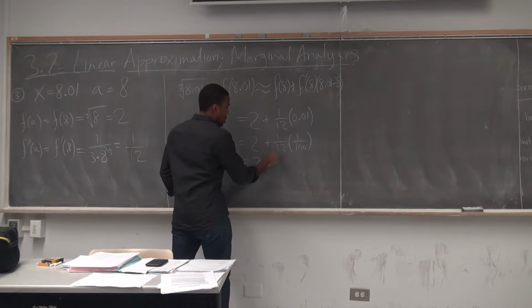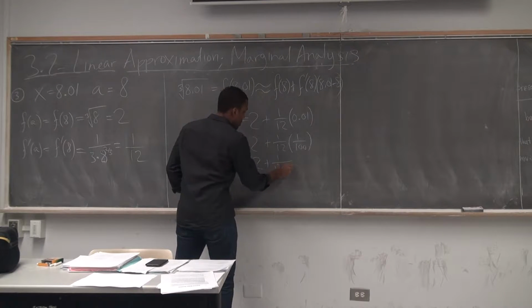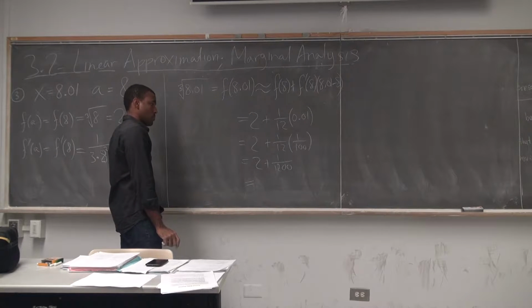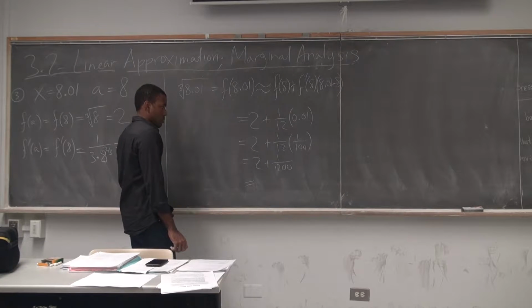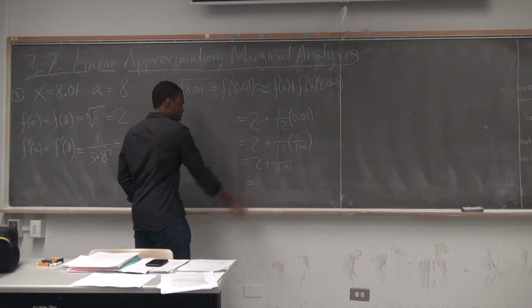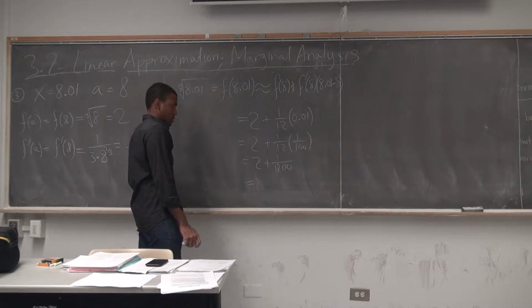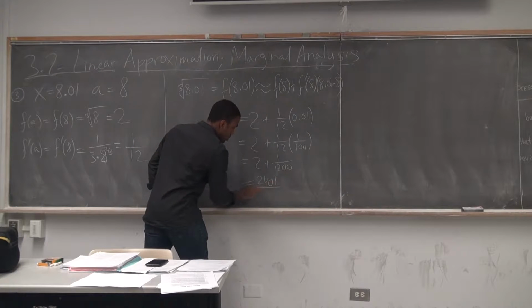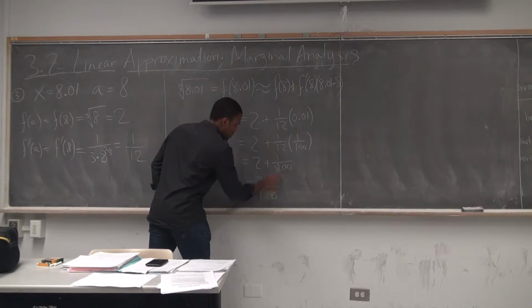So that's 2 plus 1 over 1200, which is what? It's a plus. 2401 over 1200. Right? And that's your answer.